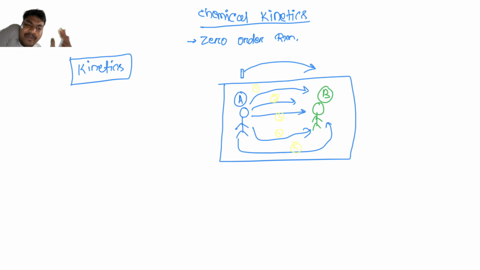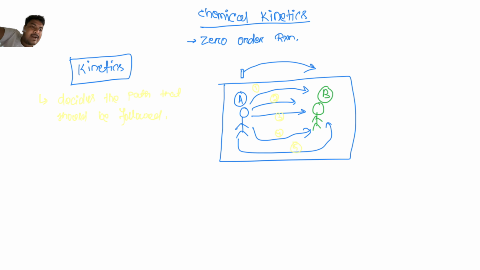So out of these 5 paths, which path should be followed? That actually decides kinetics. That decides which path we should take, and that decision is made with the help of kinetics. So specifically, I can say kinetics decides the path that should be followed. Okay, now you are clear with the term kinetics.